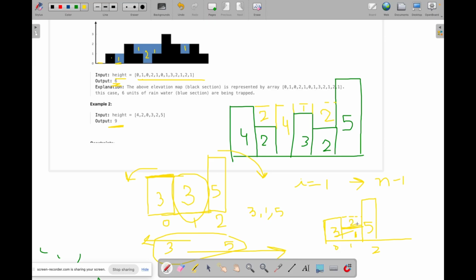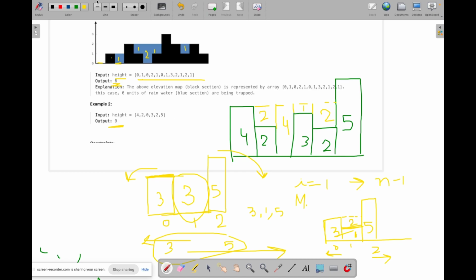How we figured it out is, we take the minimum of left max and right max.